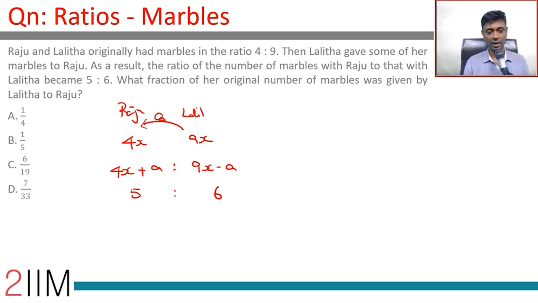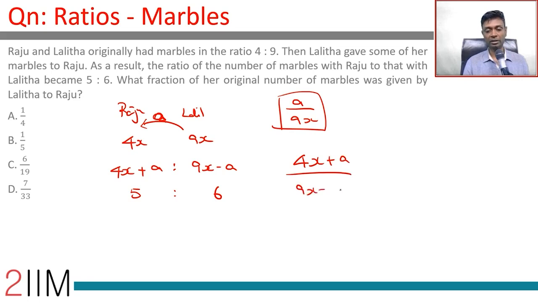She gave away a out of 9x, so we are looking to find a by 9x. We know that 4x plus a by 9x minus a is 5/6. We want to find a by 9x. I'm going to divide by x throughout. 4 plus a by x by 9 minus a by x equals 5/6.